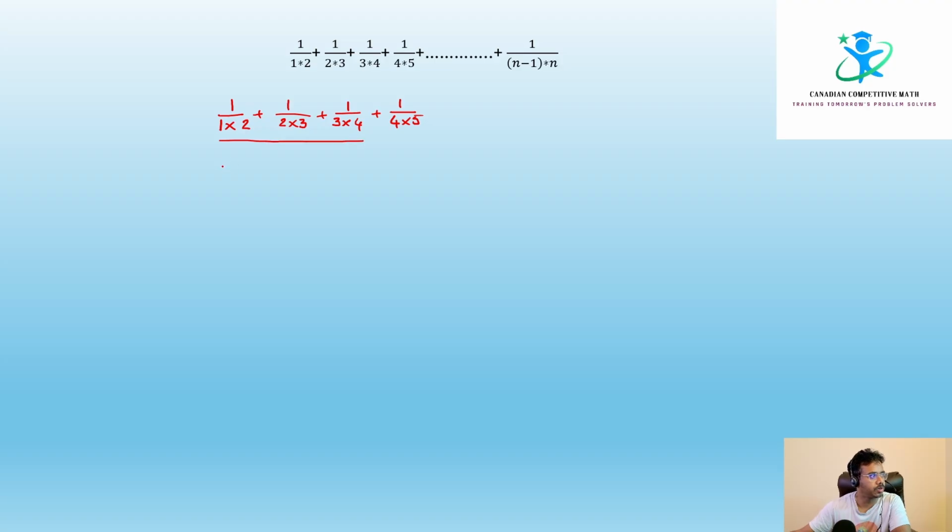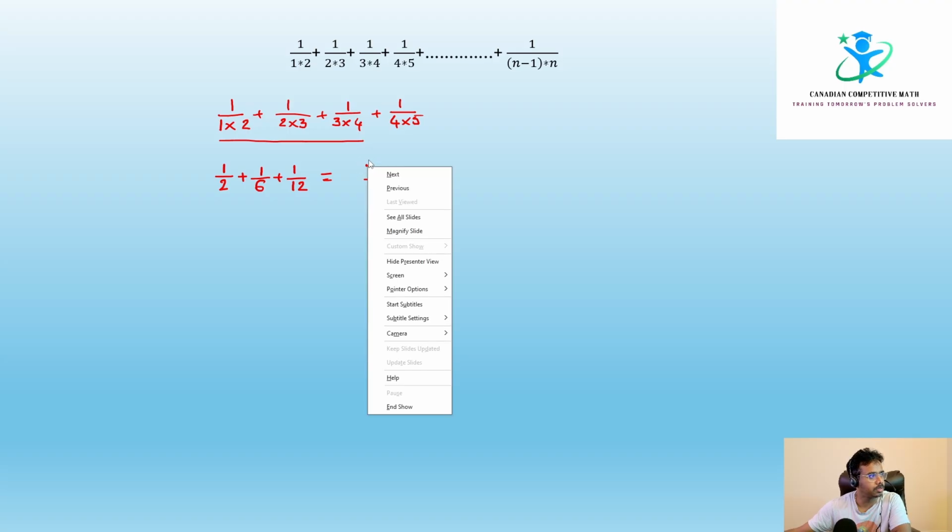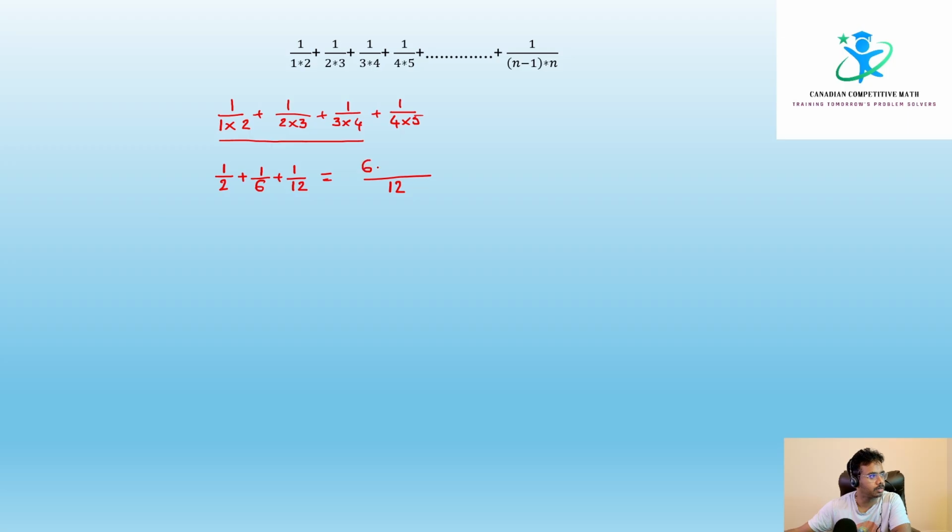So the first one we can write as 1 by 2. The second one we can write 1 by 6. The third one we can write it as 1 by 12. Right? This is simple. So the entire summation becomes, over 12, this is 6 plus 2 plus 1.